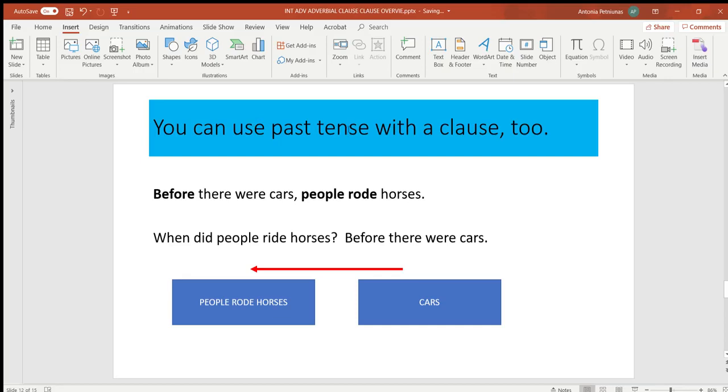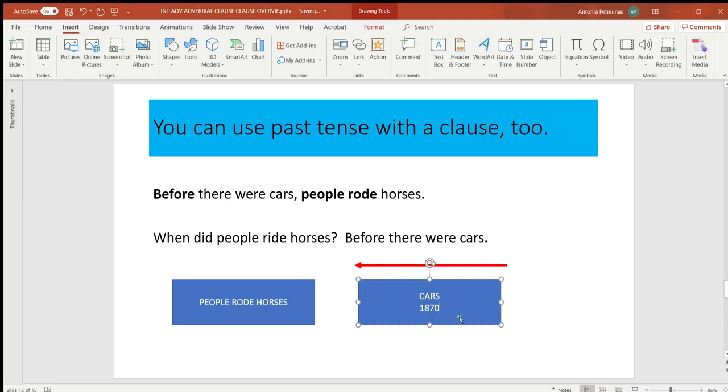You can use the past tense with a clause too. You can say, before there were cars, people rode horses. So maybe the first car was in, I don't know, 1870.